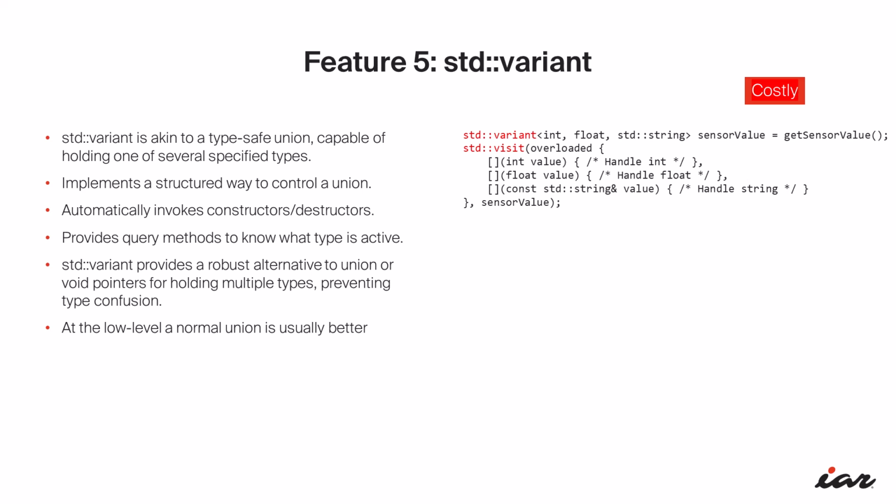This is more like a container that can hold any one type at one time. I have labeled this one as costly because it will generate a lot of code around it. So it's in that sense also not the very best construct to use in embedded applications.